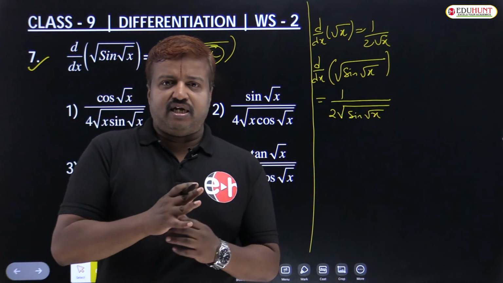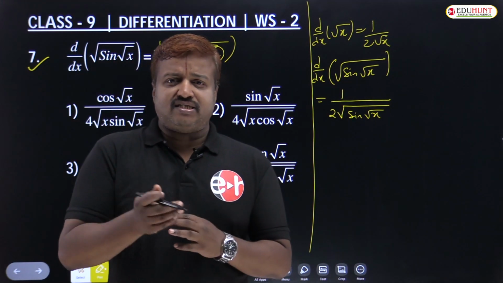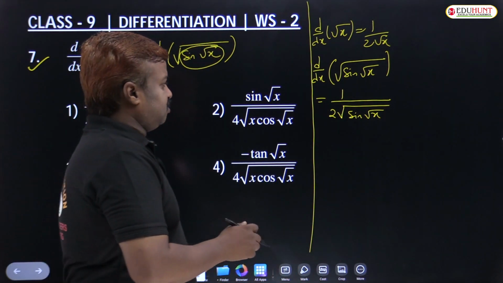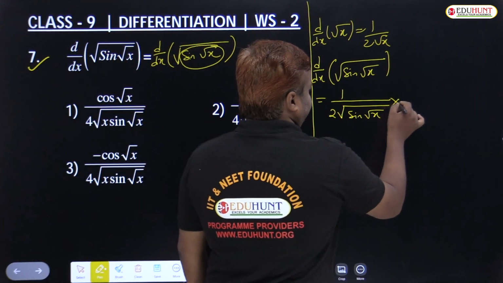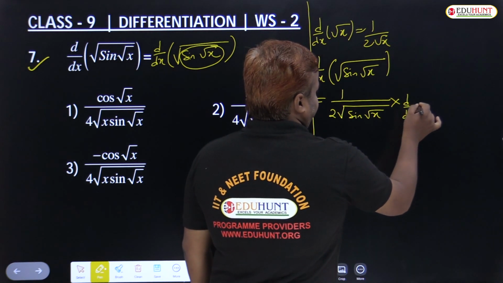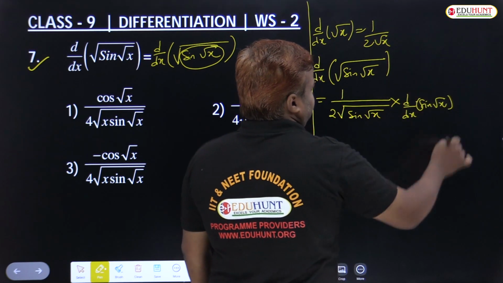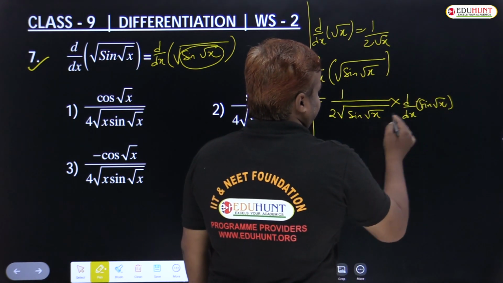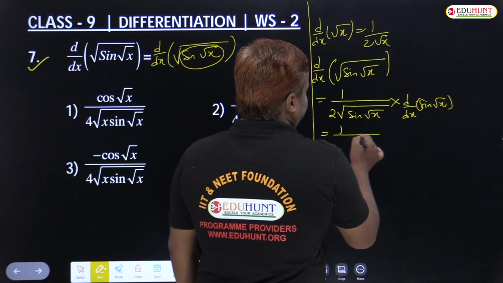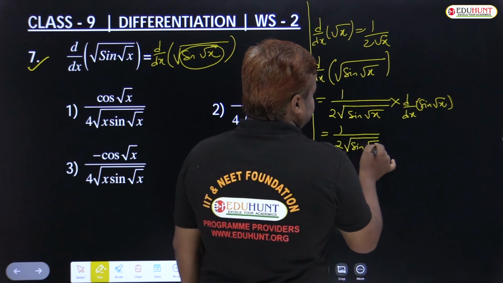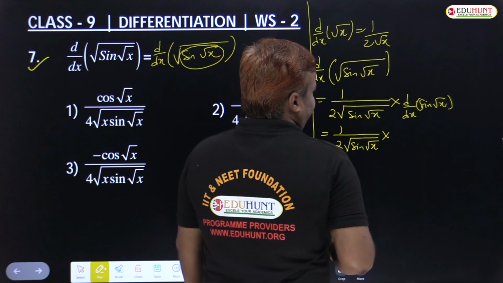We have to do that inner derivative, meaning the value which you assumed as x, we have to differentiate again. So now into d by dx of sin of root x, again you get 1 by 2 root sin root x into d by dx of sin.